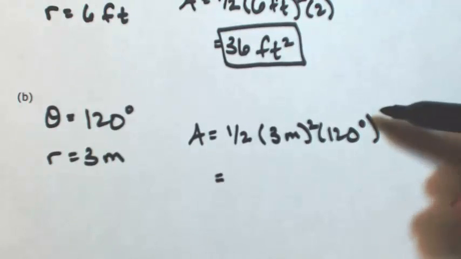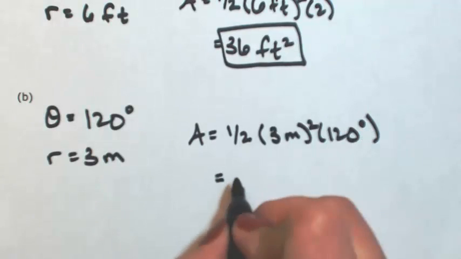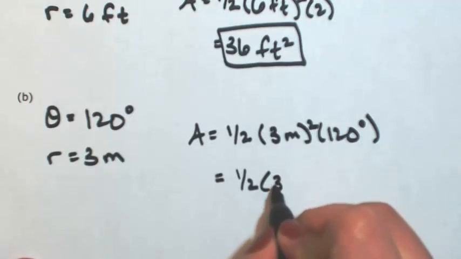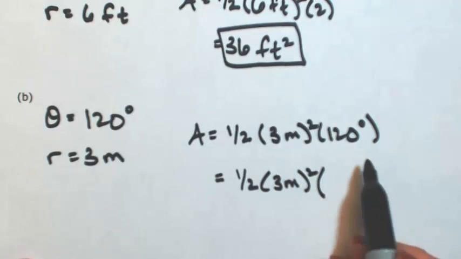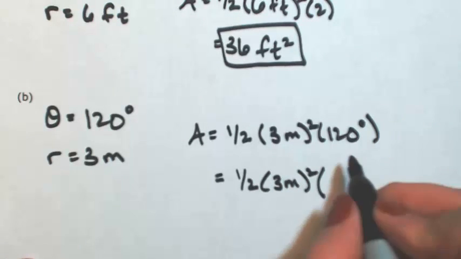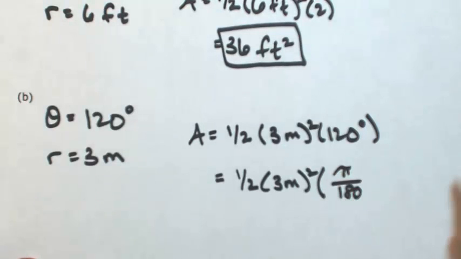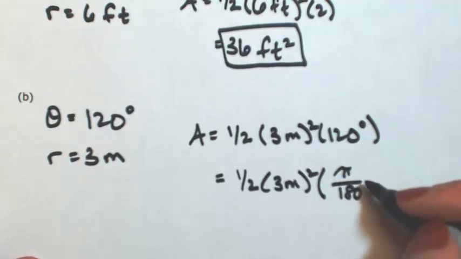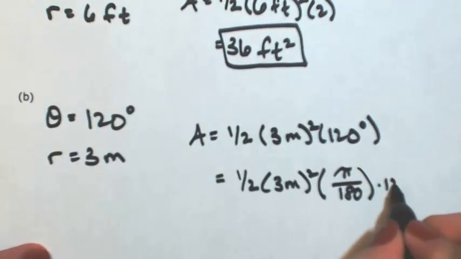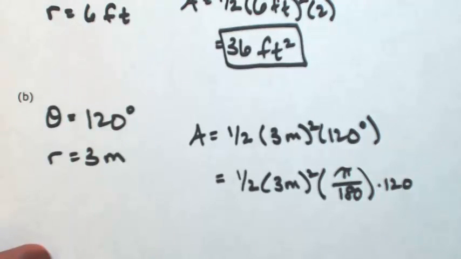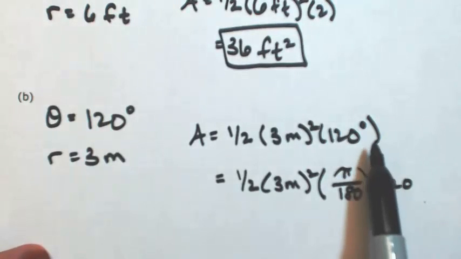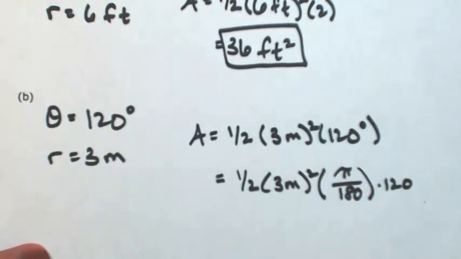So what I'm going to do is change 120 degrees over into radians by using our conversion. That 1 degree is pi over 180 radians. Okay, so again, I just changed this 1 degree into pi over 180.